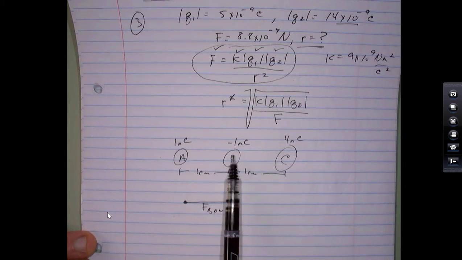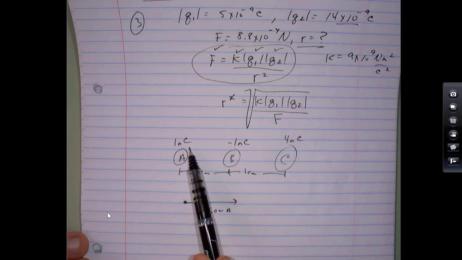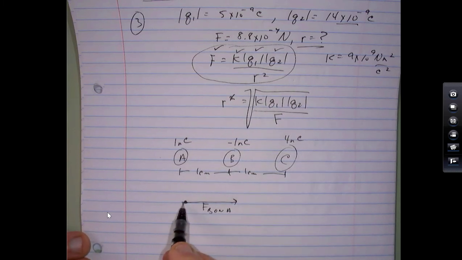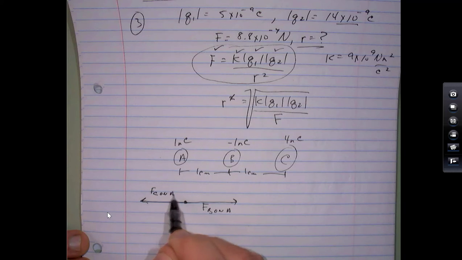Now pretend B's not there. Let's look and see what C is doing. Positive, positive. So there's a force from C on A this way. We have to see which one's going to be larger.